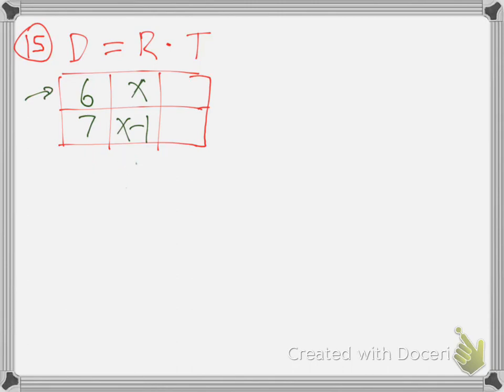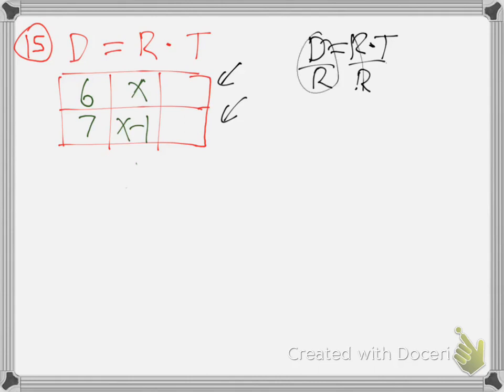Okay. So once we have 4 boxes, I don't even need to read anymore. Once I have 4 boxes, I can get the t. Remember how to do that? Because remember this is an equation. d equals r times t, and you want the 2 t boxes. How do you get t? Divide by r. t is d over r. So t is d over r, 6 over x, and this t is d over r, 7 over x minus 1.